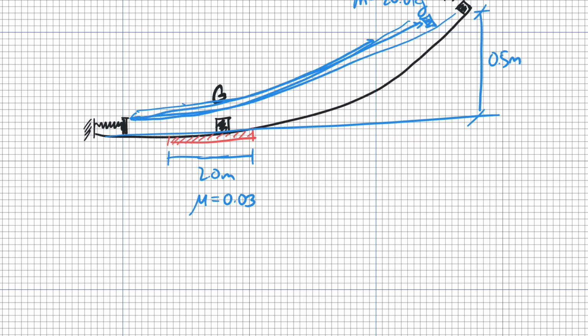The reason it won't make it as high is because it's losing energy every time it crosses the rough patch. Each time it doesn't quite make it as high, and then one of those times it will simply not make it, and each time it's because it's losing energy here.